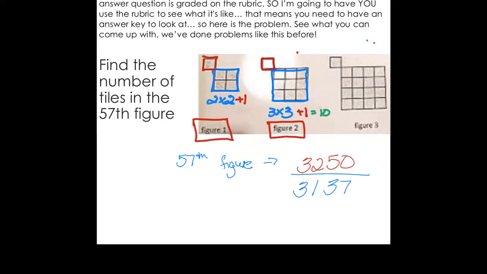So figure 3, similar way, we have one square there, we have a larger square here. This is figure 3. And what's the size of my largest square? 4 by 4. And plus 1, which gives me 17.